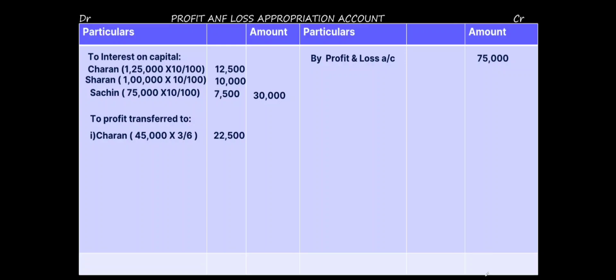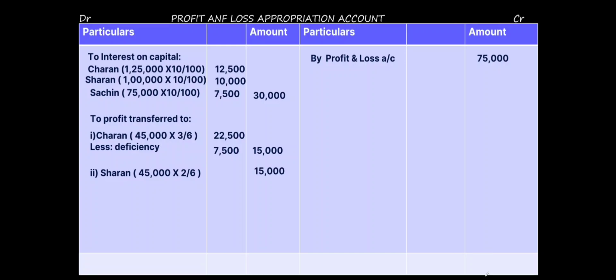So the shortage amount should be deducted from his share of profit, less deficiency, that is 7,500, which he has to pay for Sachin's guaranteed profit. So after deduction, Charan will get the profit of rupees 15,000. Now next is Sharan. Sharan has not guaranteed any amount, so his profit will remain the same, 45,000 into 2 by 6, that is again 15,000.